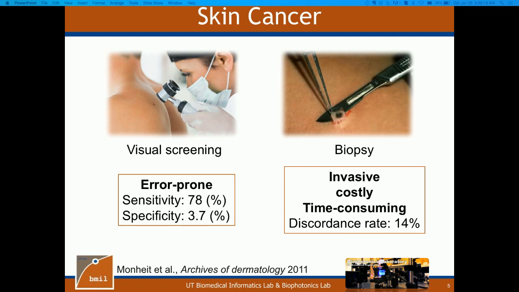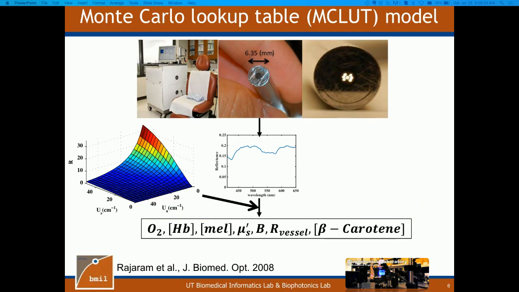This may be because pathologists make medical decisions according to their experience without quantitative standards. These facts highlight the need for a more efficient skin cancer diagnosis tool, and our answer is using our Monte Carlo lookup table to extract quantitative physiological parameters from the measured reflectance.